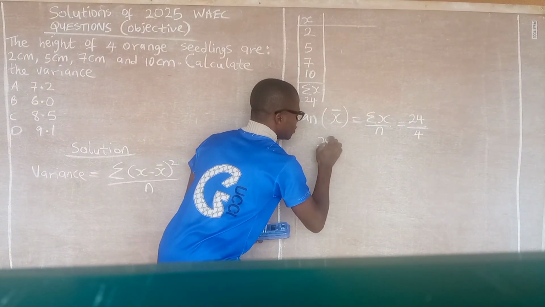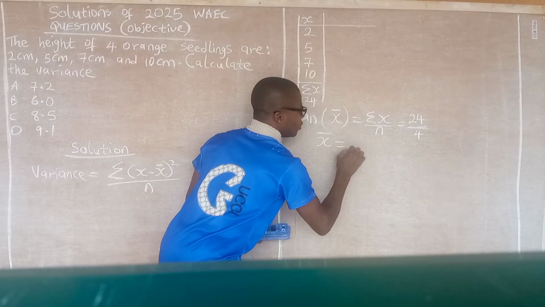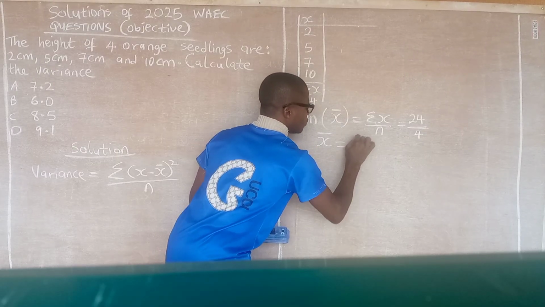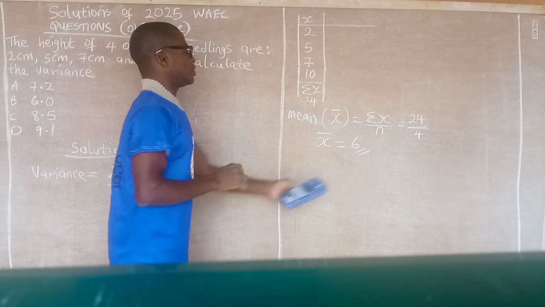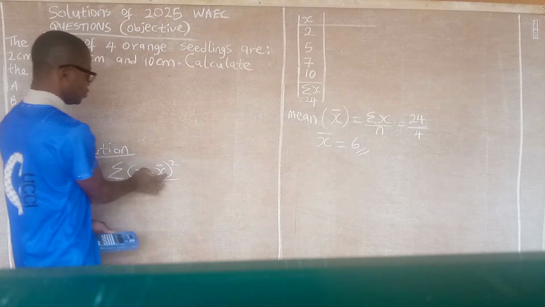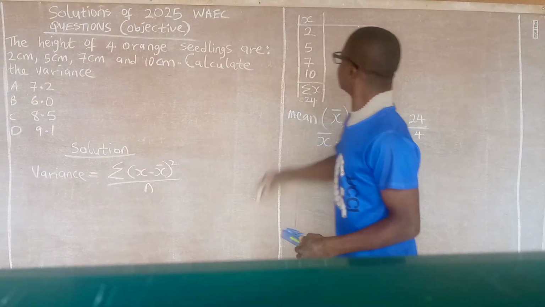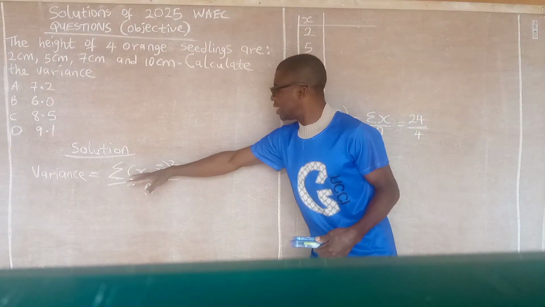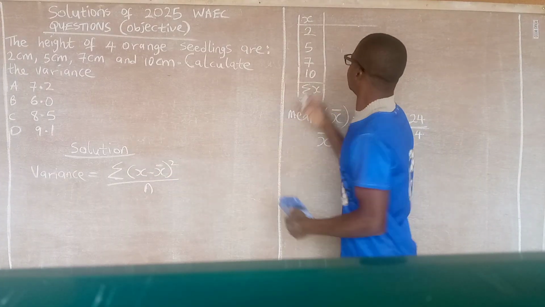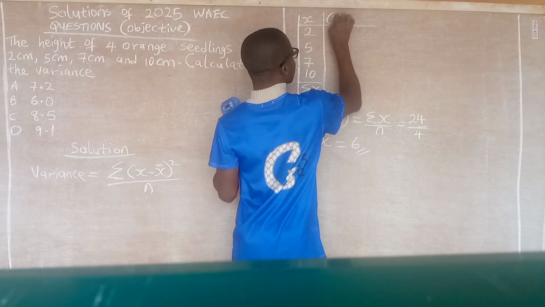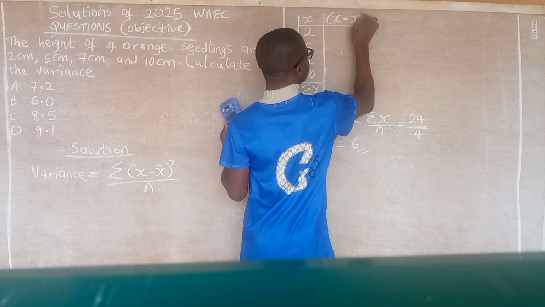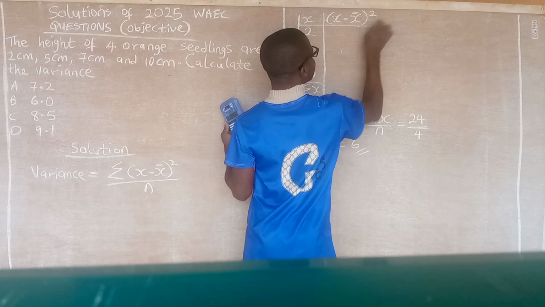So mean, which is x bar, equals 6. So this is the value of mean, which is the value of x bar. So the next thing that should be in the table is x minus x bar squared.